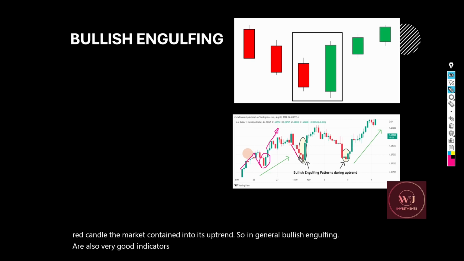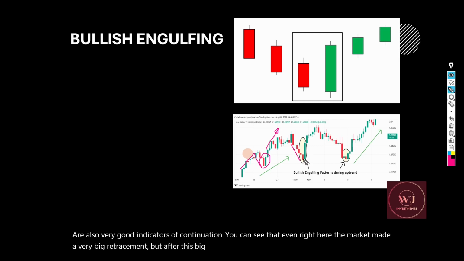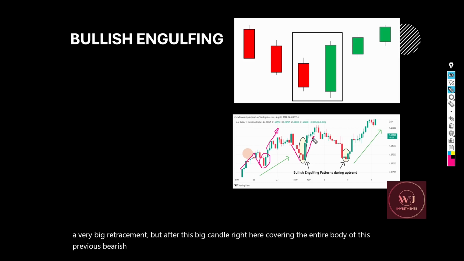You can see that even right here, the market made a very big retracement, but after this big candle right here, covering the entire body of this previous bearish candle, we continued into the uptrend and we even broke above the previous resistance. So that is what we call the bullish engulfing.